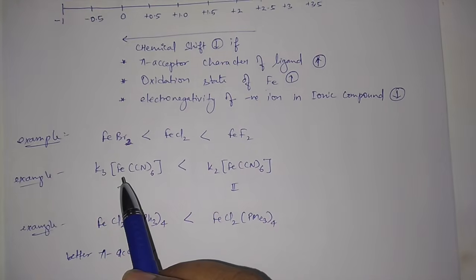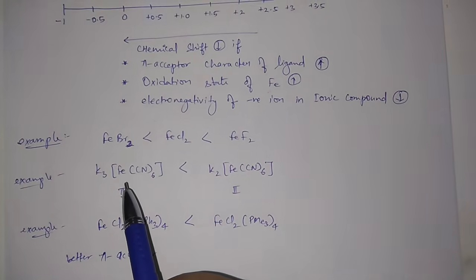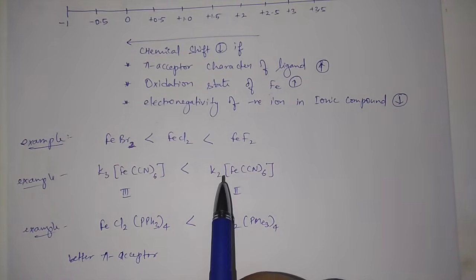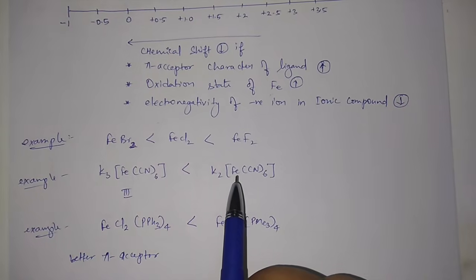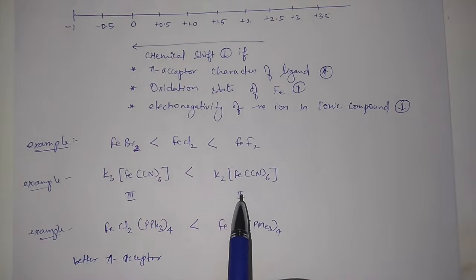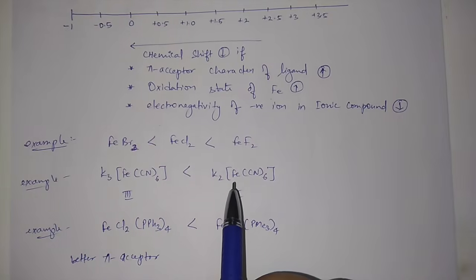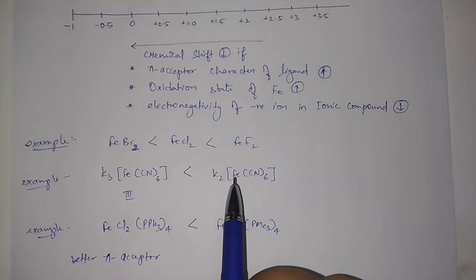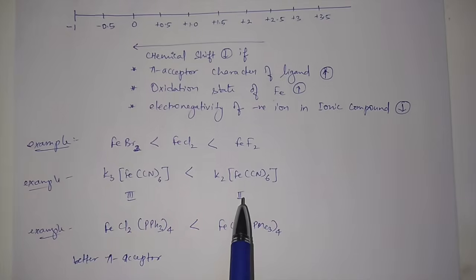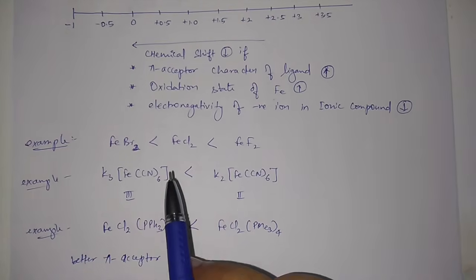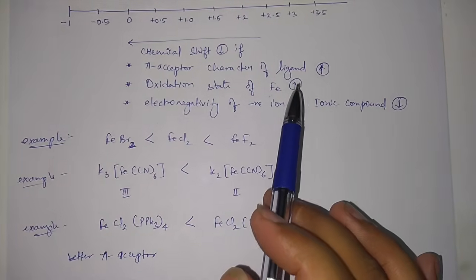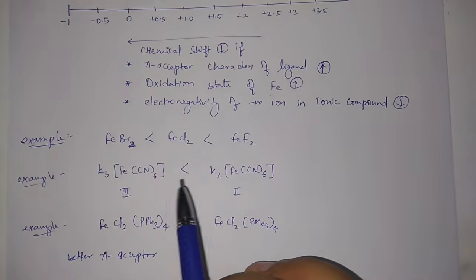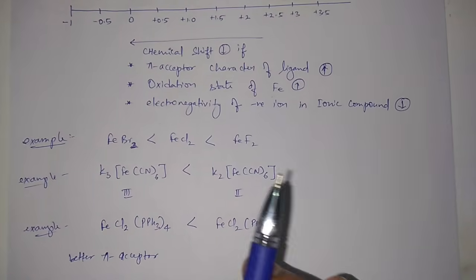Over here in K3[Fe(CN)6], iron is in +3 oxidation state. Over here in K4[Fe(CN)6], the oxidation state of iron is +2, right? So if the oxidation state of iron increases, then the chemical shift decreases. That's why this will be lesser in chemical shift.